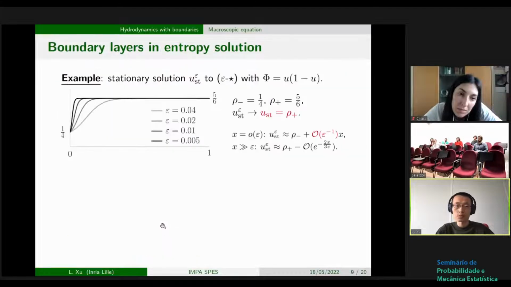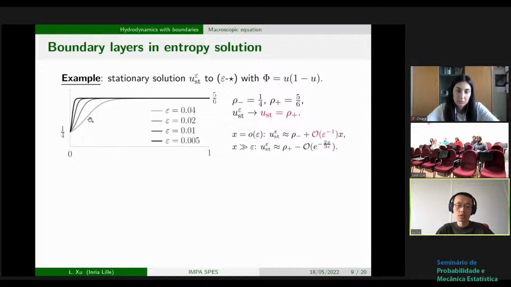Let me give you a simple example. I'm taking the flux to be phi(U) = U times (1 minus U). For simplicity, I'm considering a stationary solution with small viscosity epsilon. Then I'm considering the boundary condition to be 1/4 on the left and 5/6 on the right.